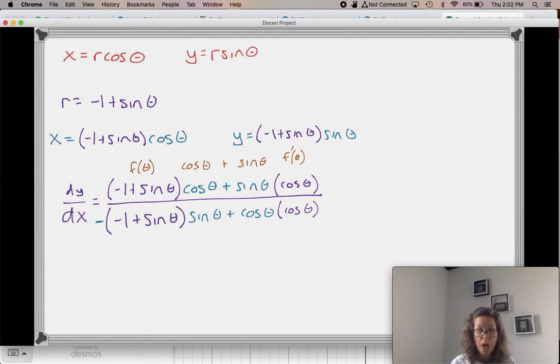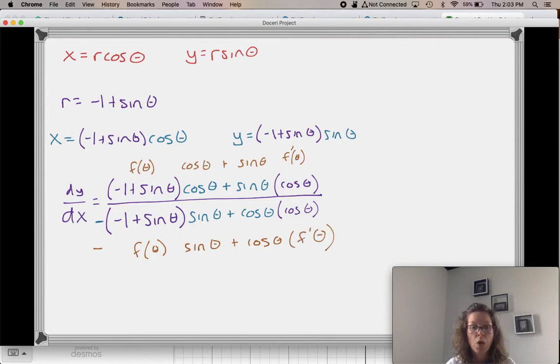Okay, so on the top, we have function times cosine added to the derivative of the function times the sine. On the bottom, we have minus the function times sine plus cosine times the derivative.